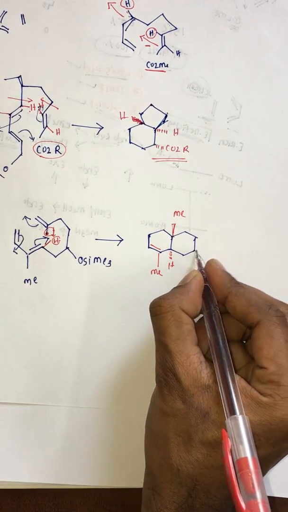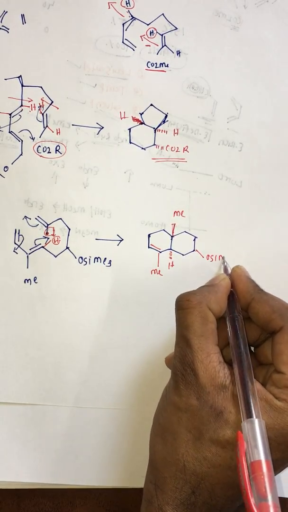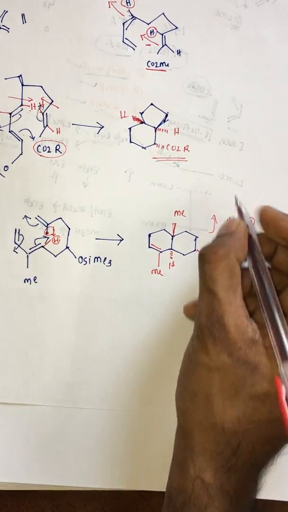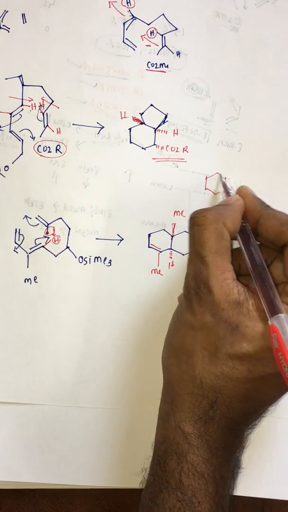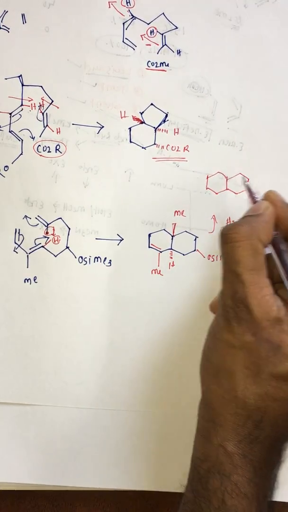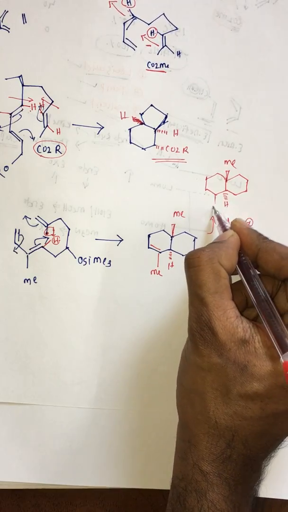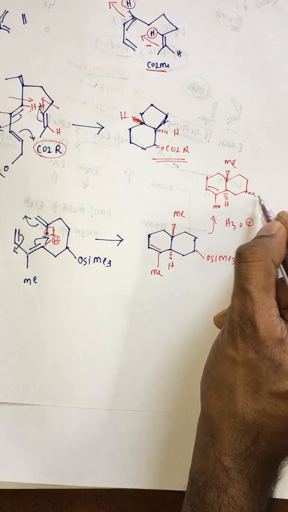Okay, this will be OSiMe3, and further if you do hydrolysis, it will get converted into this OH.